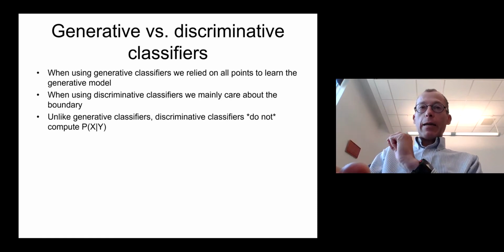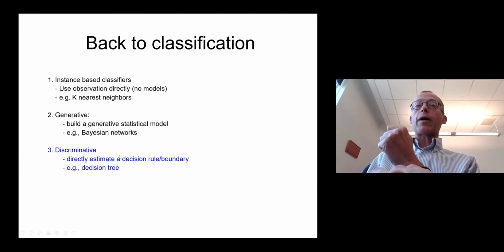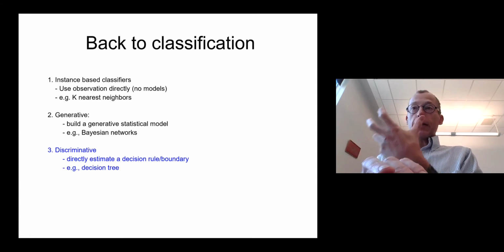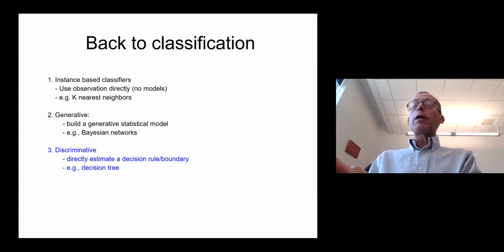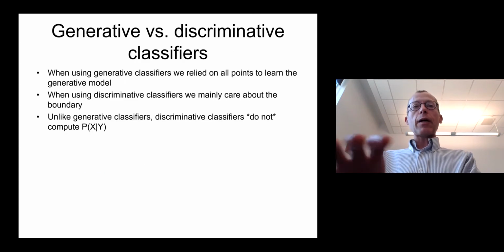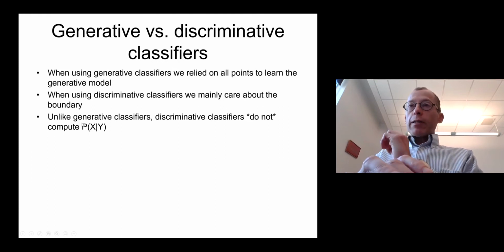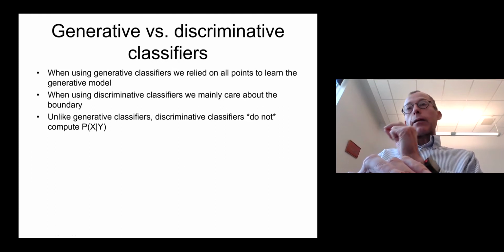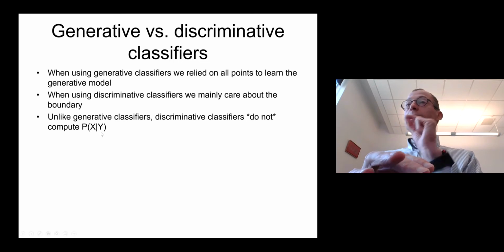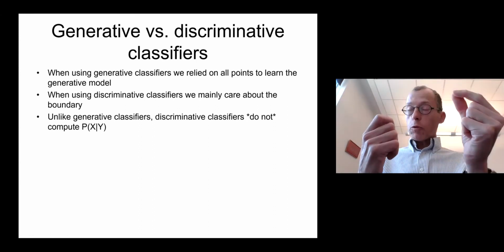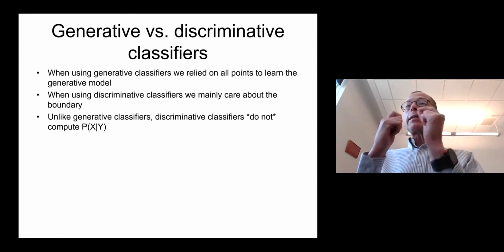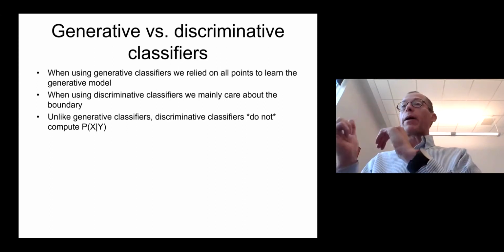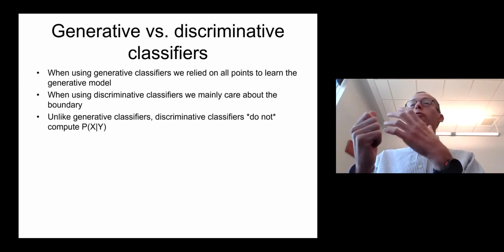However, when I introduced it, I said that it's a discriminative classifier. Why don't I say that it's a generative classifier? We already said that probabilistic or generative is a function of probability. So why do we call logistic regression, even though it's using probability, a discriminative classifier? The reason is because unlike generative classifiers, logistic regression does not tell us how to compute P of X given Y. It tells us how to compute P of Y given X, which is the output, the class Y, but it doesn't tell us the other, so we cannot use it for the Bayes part.